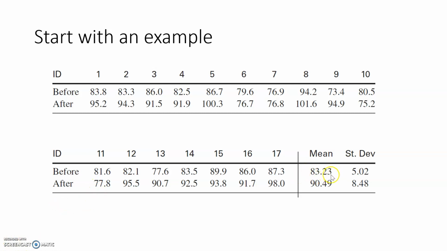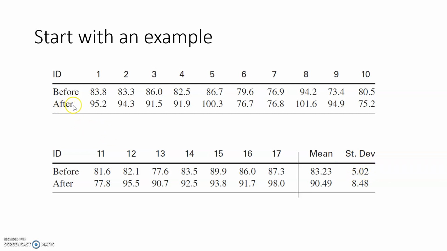And here I also calculated the mean and the standard deviation for each test. Okay, so we can see that before my stats class, in the pre-test measurement, these 17 students have a mean anxiety level of 83.23, and the SD is 5.02.